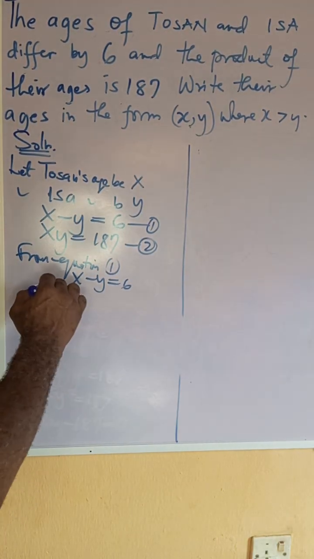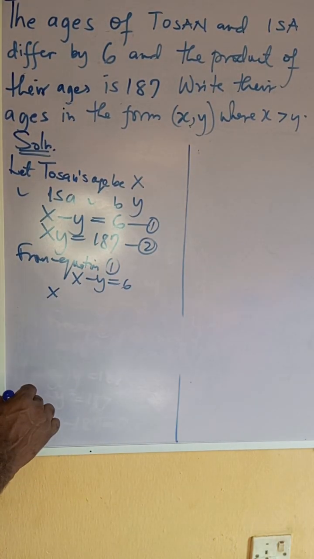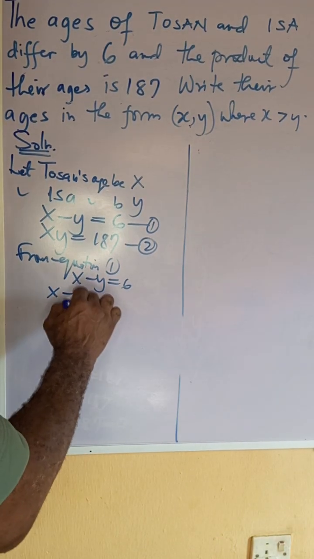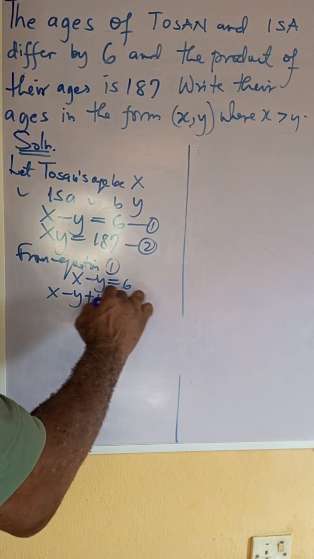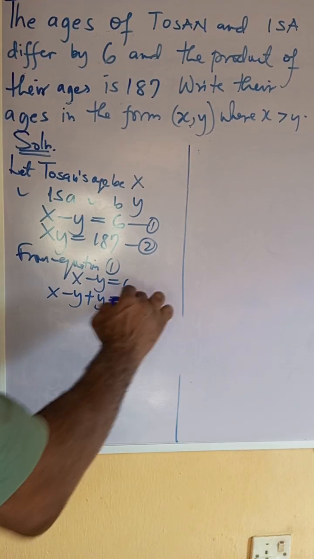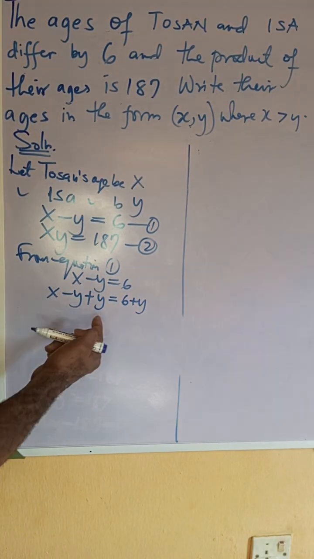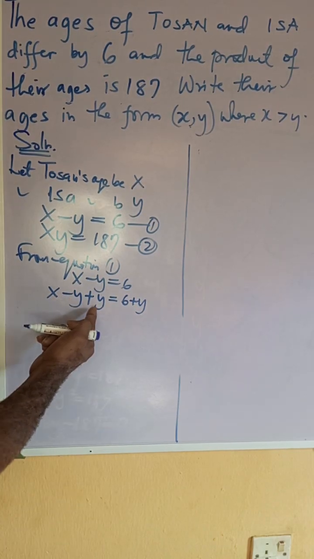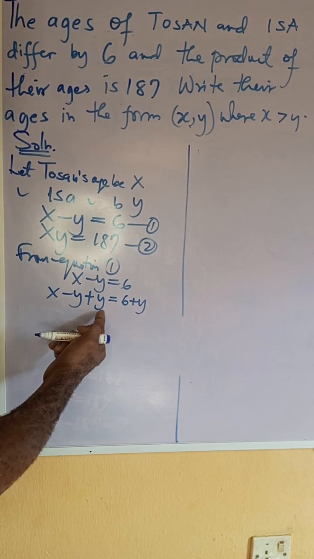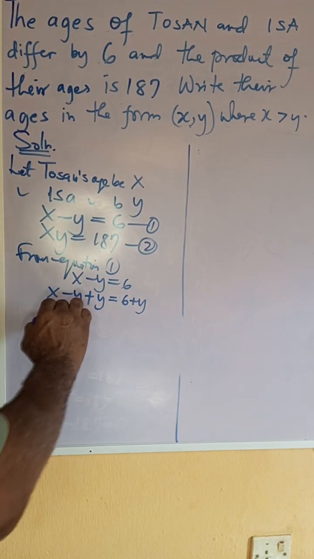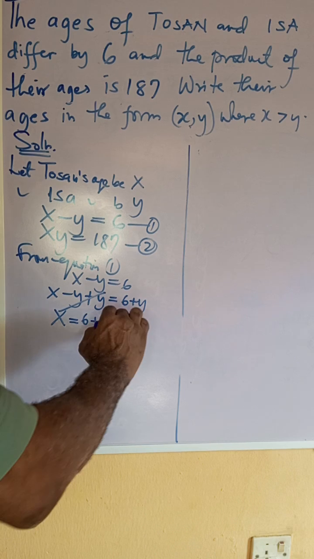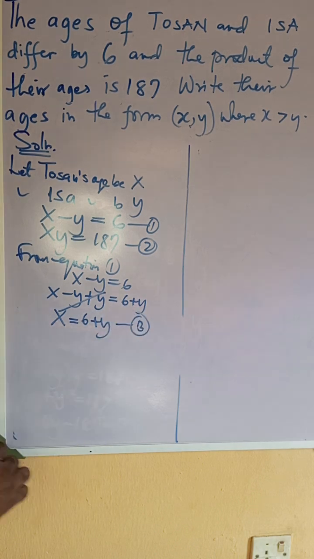Now we are going to make x the subject of the formula by saying x minus y plus y is equal to 6 plus y. What we just did is that since y here is carrying a negative sign, we introduce a positive sign to neutralize it on this left hand side. So in doing so, we have that x is equal to 6 plus y. We call this equation 3.